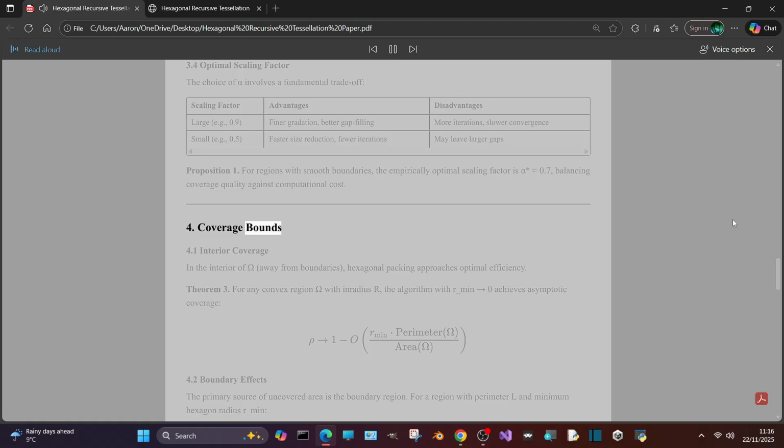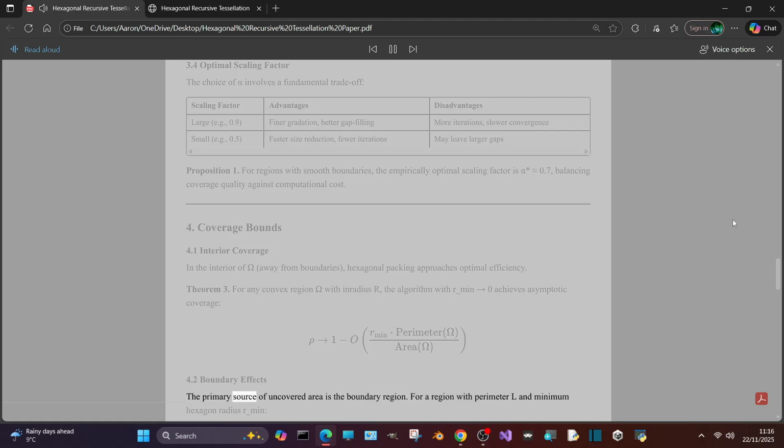4. Coverage bounds. 4.1 Interior coverage. In the interior of omega, away from boundaries, hexagonal packing approaches optimal efficiency. Theorem 3. For any convex region omega with inradius r, the algorithm with r_min → 0 achieves asymptotic coverage. 4.2 Boundary effects.